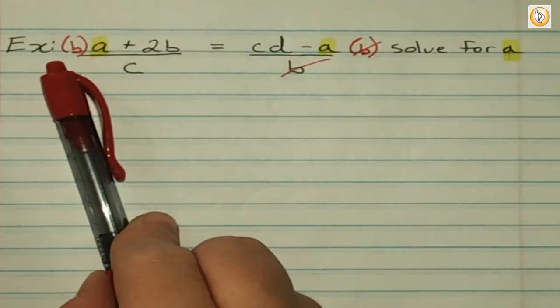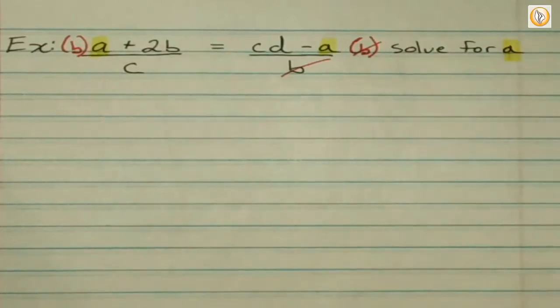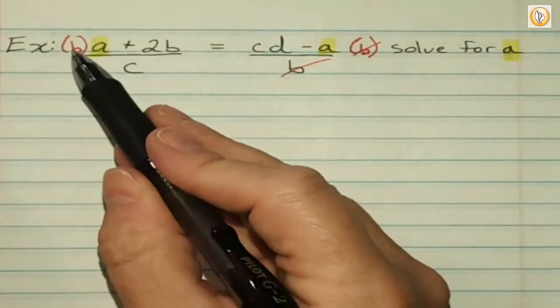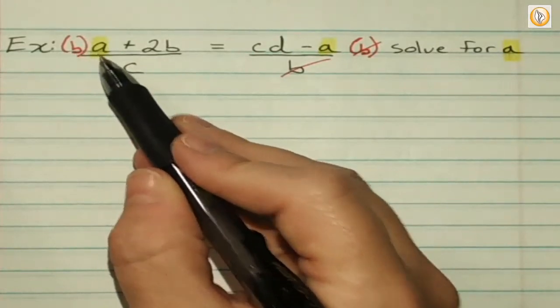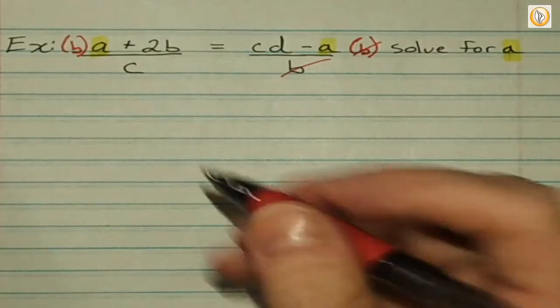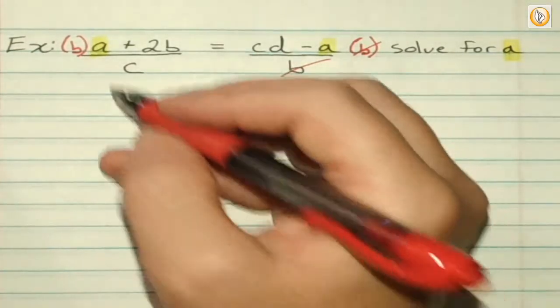This B, is it just being multiplied with the A? It's being multiplied with the whole thing. Wait, let's look at it. Is that B being multiplied with just the A? It's being multiplied by what? Everything.